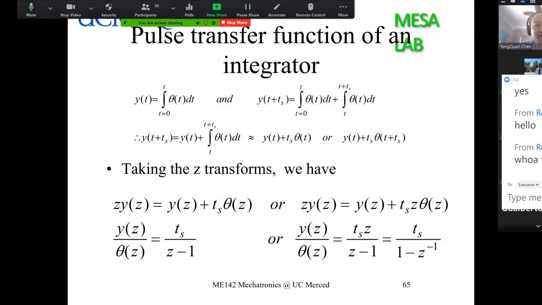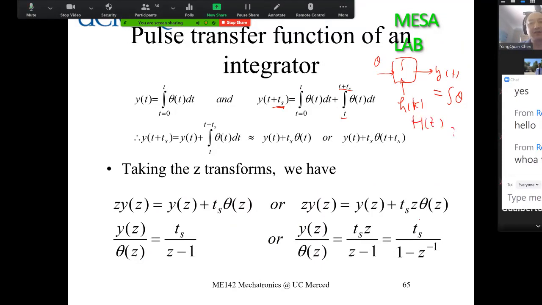How about the integration? Integration is the same. So I do 0 to t integration, and t to t plus Ts in here. So I have theta as an input going through some secret block, and I get y(t), which is the integration of my theta. Again, I want to understand what is h(k), what is H(z).